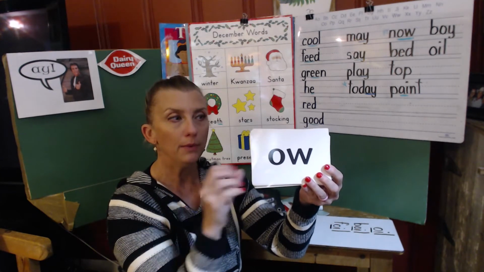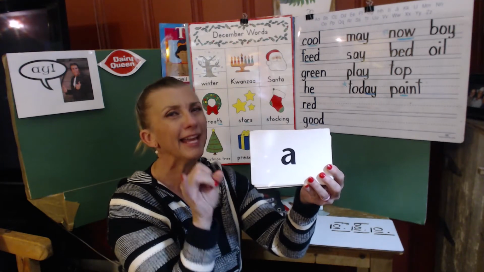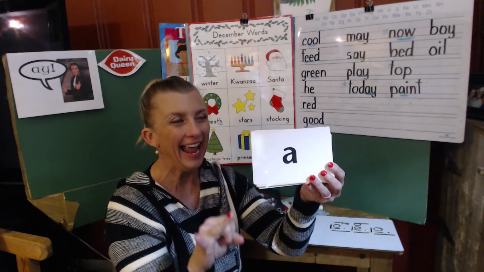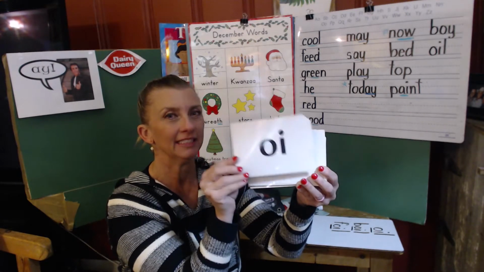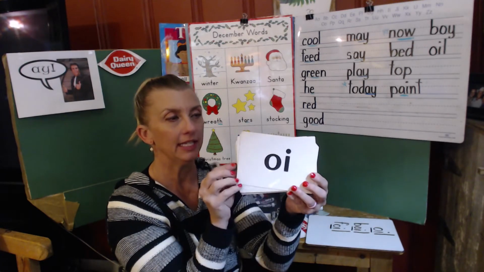Ow. O. A. Let's do that one again. A. Good. B. Oi. Our new one cannot be used at the end of a word.